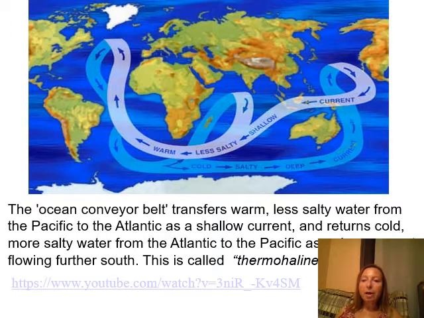At the same time, the colder water is moving away from the polar regions towards the equator, and the warmer water is moving away from the tropical areas, from the equator, towards the polar regions. And we have the Coriolis effect that is moving everything to the right in a clockwise fashion in the northern hemisphere, and to the left in a counterclockwise fashion in the southern hemisphere.